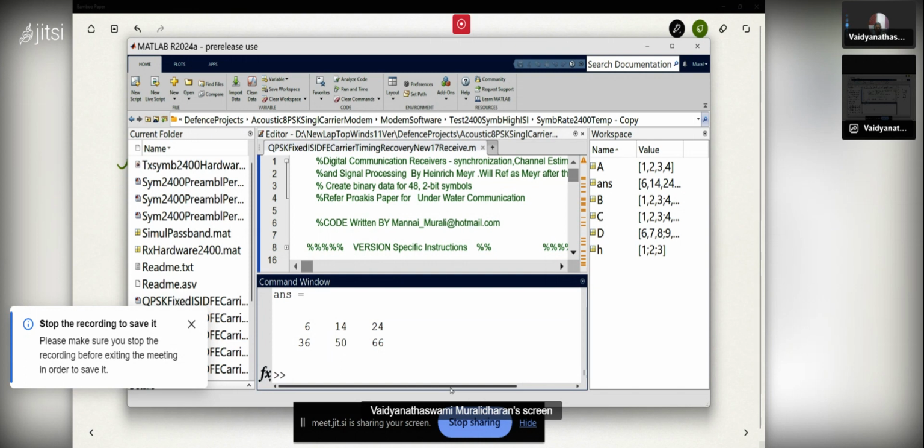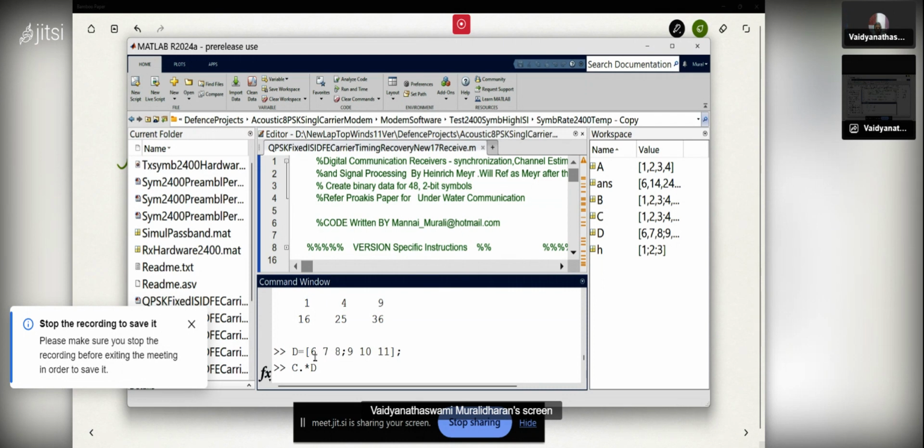We will try to multiply C by D. This gives an error because we cannot multiply C by D, because both are 2 by 3 matrices. We cannot multiply. Whereas in the first representation C dot star, each element is multiplied.